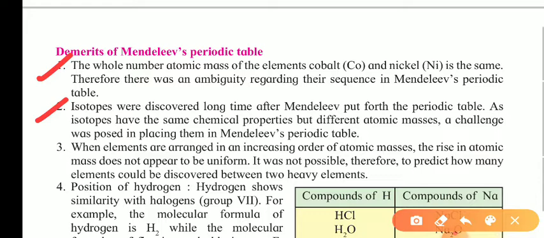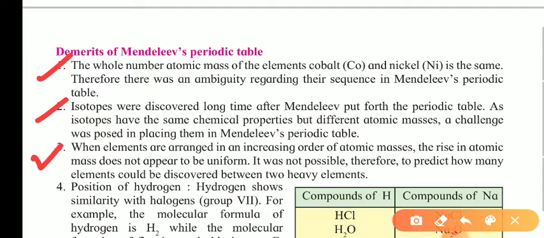Isotopes were discovered and have the same chemical properties but different atomic masses. A challenge was posed in placing them in Mendeleev's periodic table, because as we know very well, isotopes have the same atomic number but different atomic mass numbers, and as the periodic table is based on atomic masses, they should have a different place. So that was another problem or demerit of Mendeleev's periodic table.